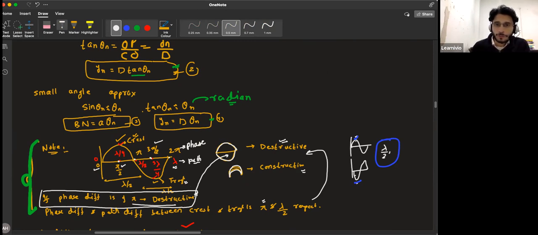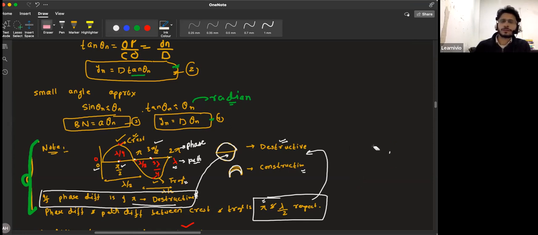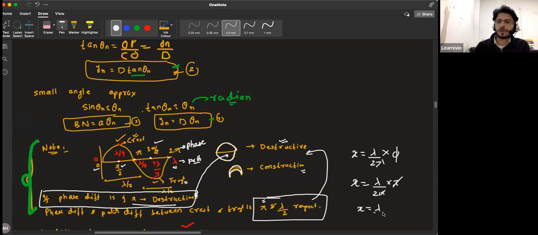For a phase difference of pi, if you calculate the path difference, then your path difference will be lambda by 2. We have already derived this. We know the relation between phase difference and path difference: path difference is lambda by 2 pi multiplied by phase difference. So if phase difference is pi, pi will cancel out, and the path difference will be lambda by 2.